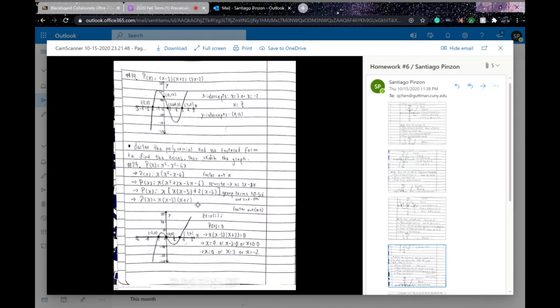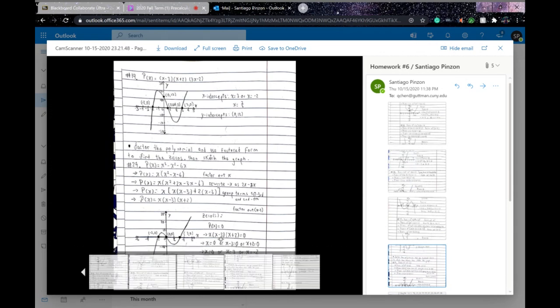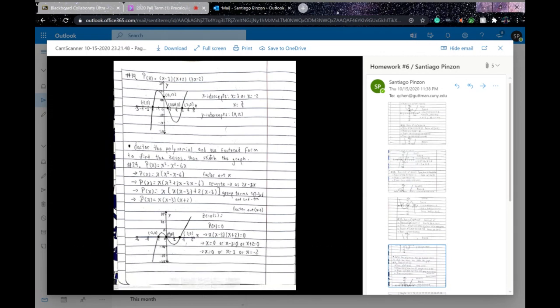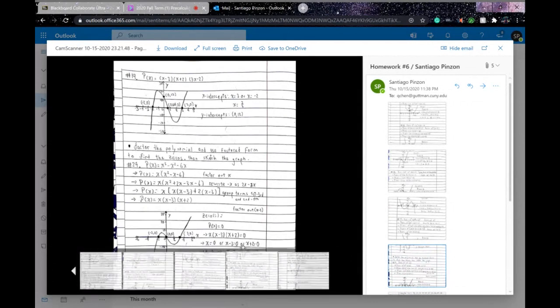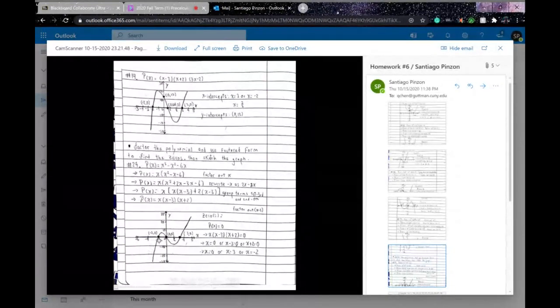So then I decided to set P(x) equals 0 to find the zeros. I did that and I basically found the zeros. So the first one is 0, which is right here, (0, 0). Then 3 is a zero right here, and x minus 2, which is 0 right here. And that's how I did it.